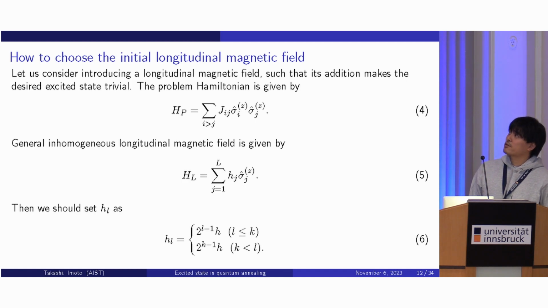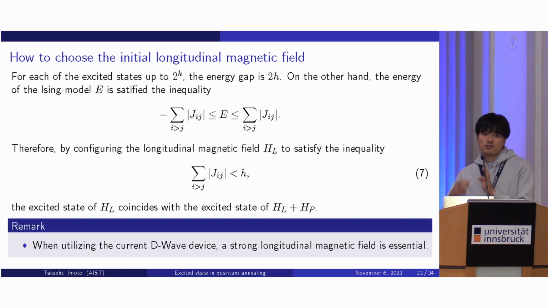Next we consider a general inhomogeneous magnetic field, given by this one. Here h_j is not uniform, and thus the magnetic field is inhomogeneous, and so we should set H_L as this one.